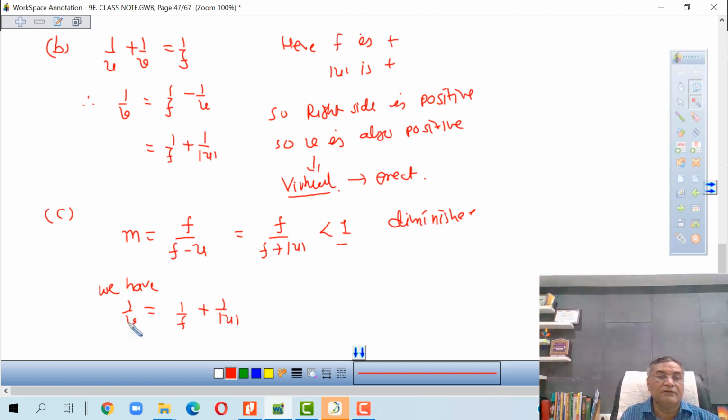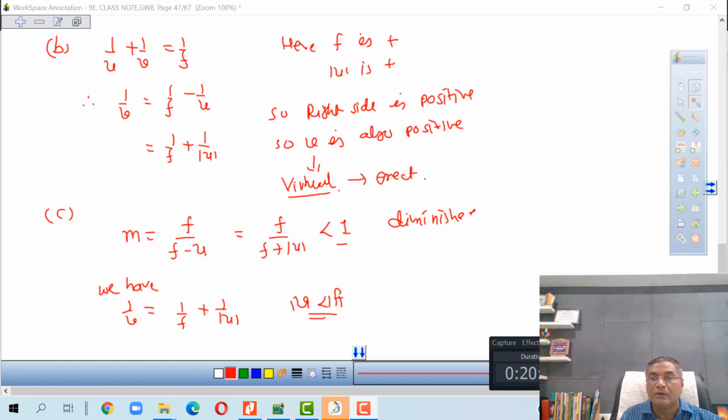So if u is infinite, then v is equal to f. If I decrease this value, then this value will increase. આ value વધી જાય એટલે 1 upon f plus something થયું. It means the v must be less than f magnitude wise.